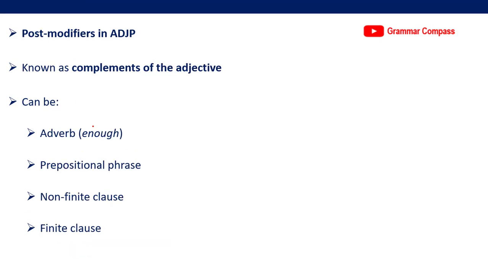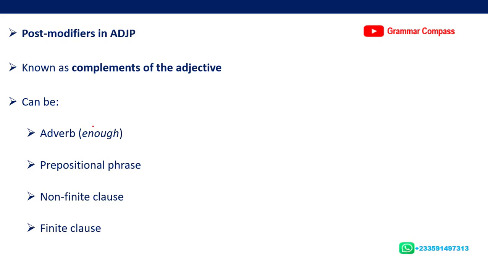Now there is no need to talk about the head word. If it is an adjective phrase, then the head word is obviously an adjective. It is unlike nouns where we had other items that can also function as the noun head. Now what about the post-modifier or the qualifiers in the adjective phrase?